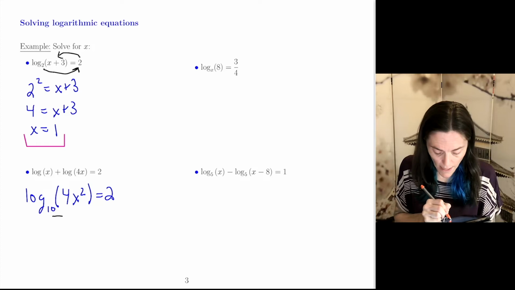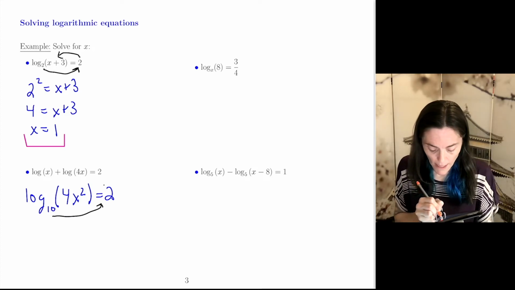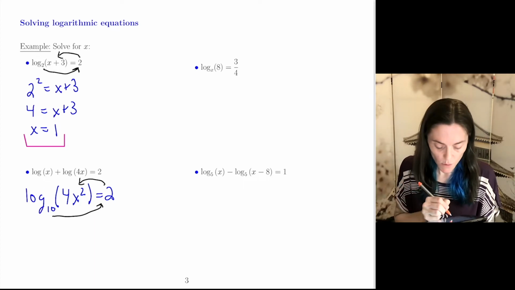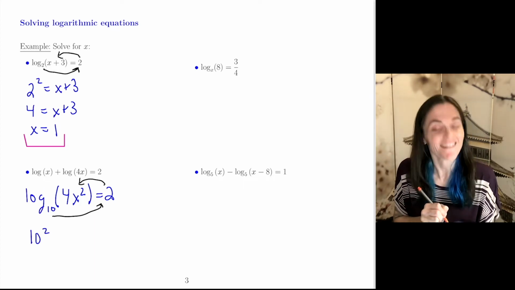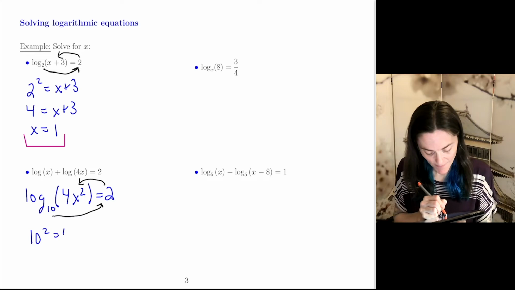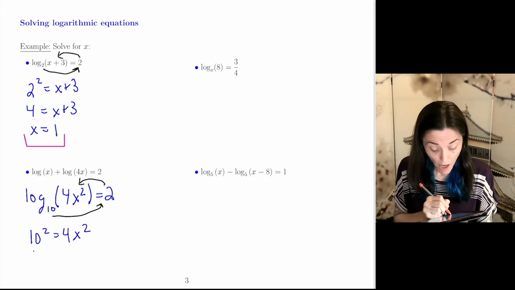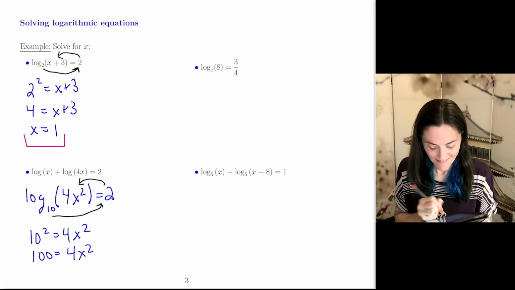Well, here we go. This is 10 raised to this power of 2 is what's on the inside. So let's write it. We get 10 squared is 4x squared.